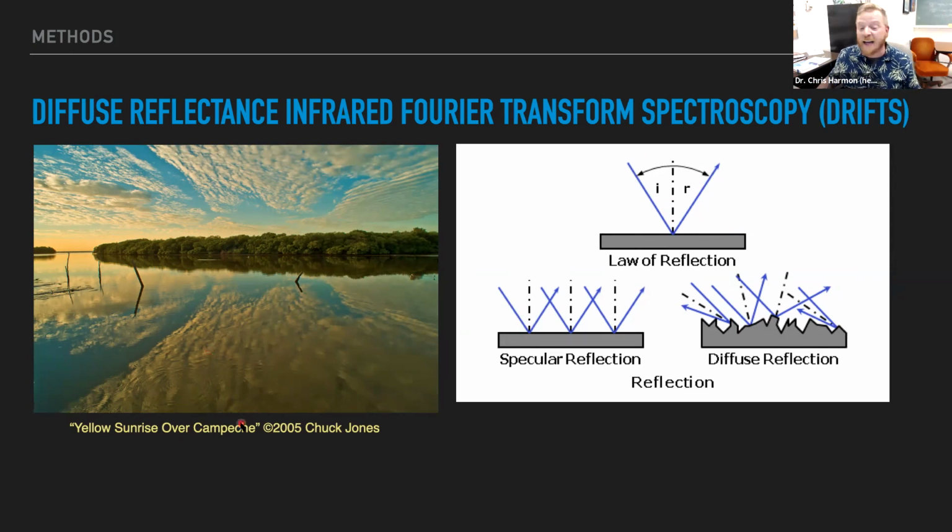And as we might know anecdotally, if the wind picks up and the water gets a little bit more choppy, we don't have this beautiful specular mirror image any longer. We get what's called diffuse reflection. And so this is what we take advantage of in our technique. We're not trying to create some optically smooth surface. We're just going to take our surface and all of its imperfections as is.